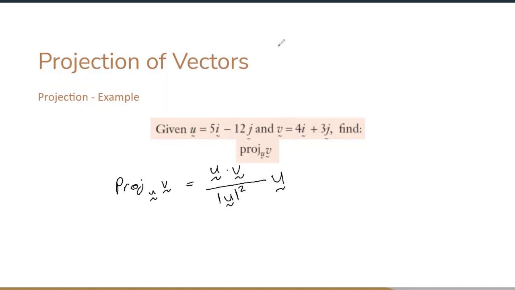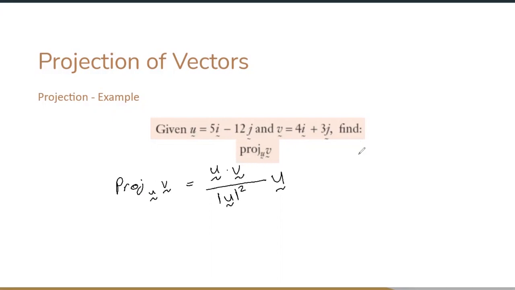So what does this look like? Well, let's find the individual components and then substitute in. We've already got our u vector, so we don't have to worry about this one, because we know that our u is 5i minus 12j using ij notation. So now we just have to find the dot product and the magnitude.